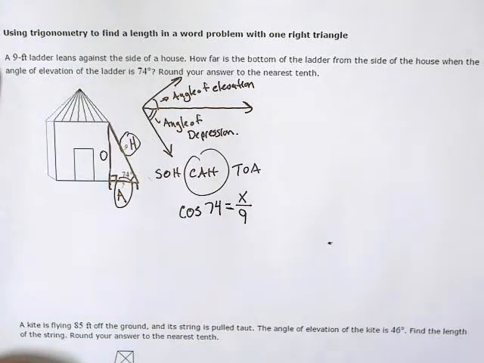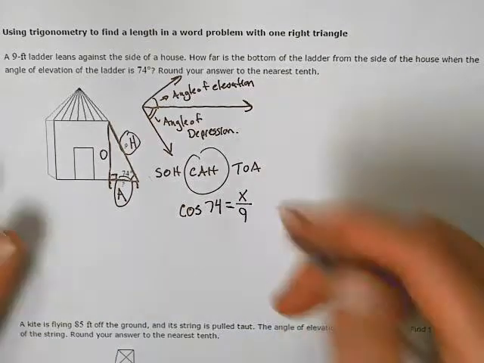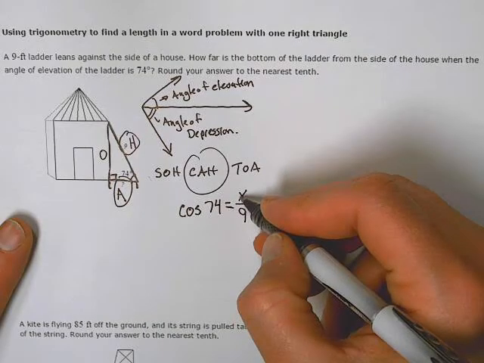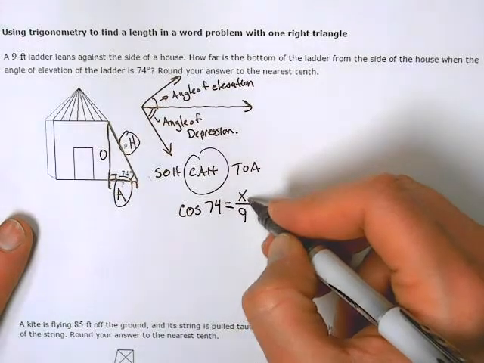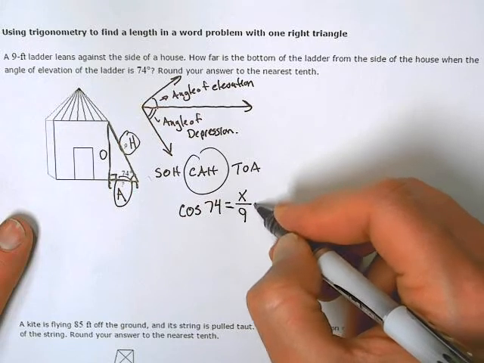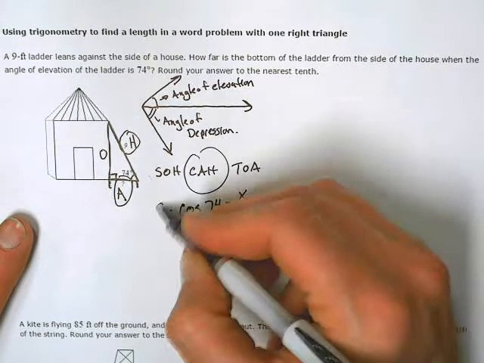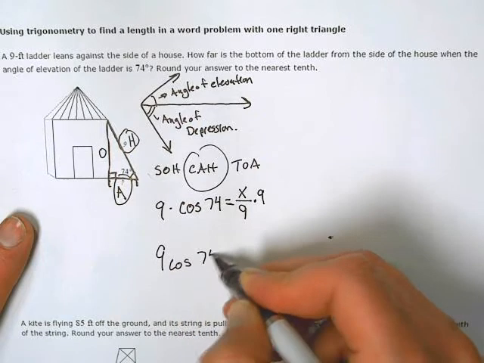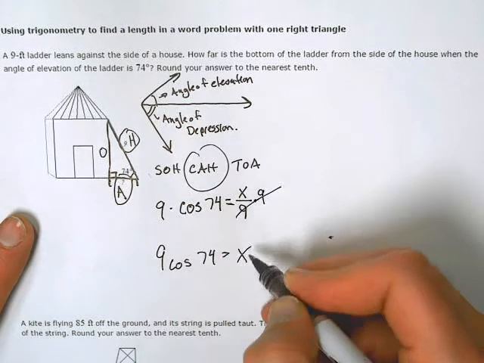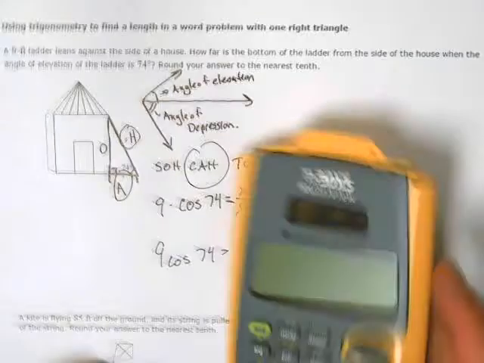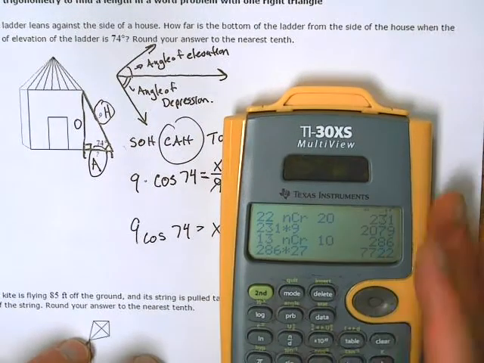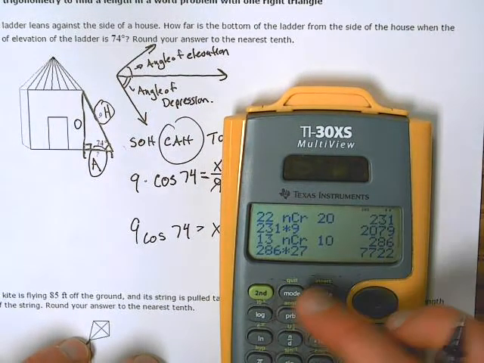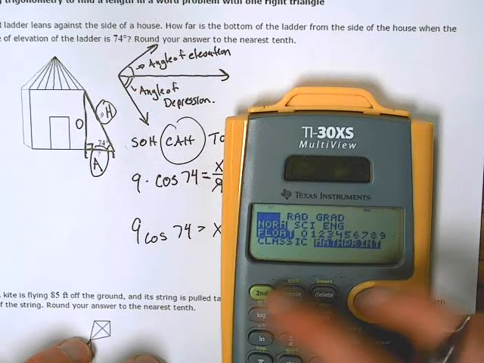Now I have to solve this by getting x by itself. Since x is being divided by 9, I multiply by 9, and I get 9 times the cosine of 74 equals x. To finish this off, it's as simple as typing this into the calculator, and I'm going to make sure my mode is in degrees. It is.